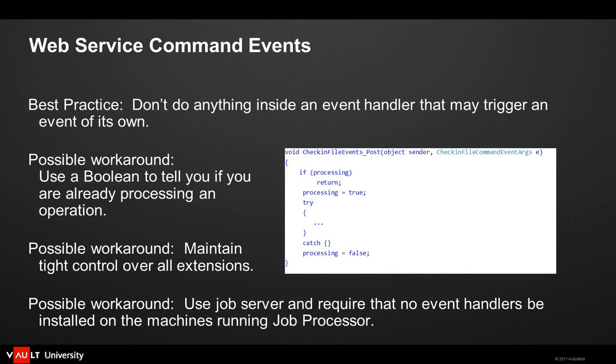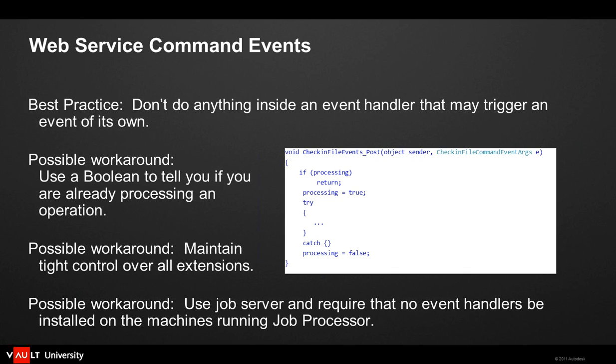I'm not going to do anything. It's false by default. Once I start running, I'm going to set that Boolean to true. I'm going to do a bunch of stuff, and then when I'm done, I switch the Boolean back to false. So in the middle of my try block, if I do something that triggers an event and that eventually gets back into my code, I've got my Boolean that will prevent me from doing anything, and that'll break out of this infinite loop.